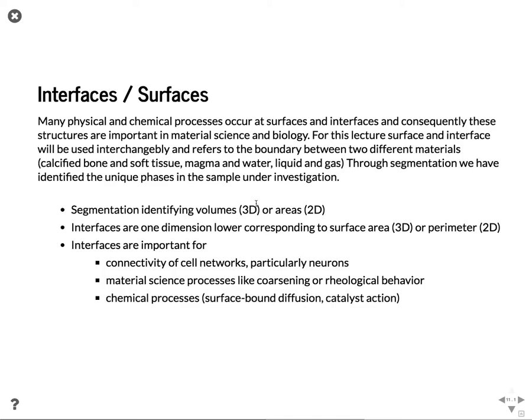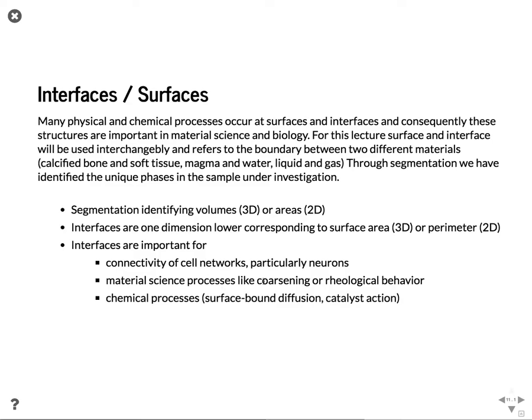If a segmentation is identifying a volume or an area, so 3D or 2D respectively, then an interface is looking one dimension below. So if you have a volume, an interface in that will now be an area where you have two volumes touching. Or if you're looking at areas, the interface of two areas will be a perimeter or a line, so in 2D.